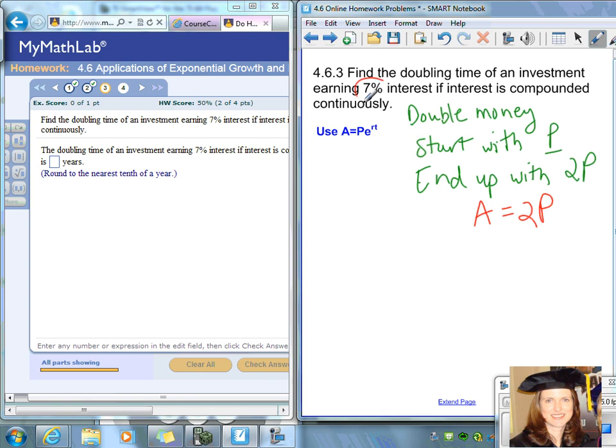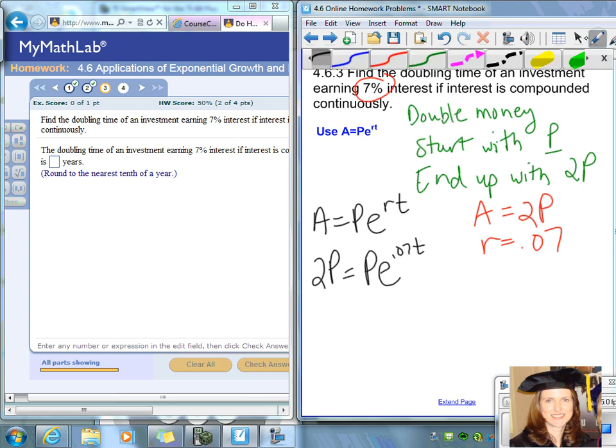The interest that we're given, the rate, is equal to 7%, as a decimal, 0.07. In this case, we're looking for the time. We're using the formula A equals P e to the RT. Our accumulated value, our future value for doubling our money, is going to be 2P equals P e to the R, which is 0.07t.